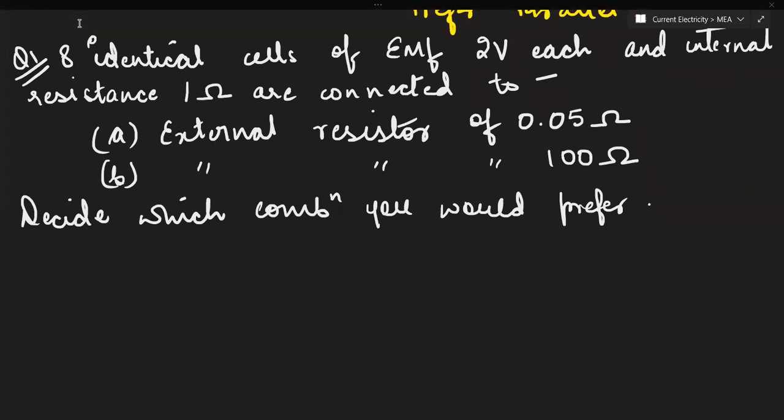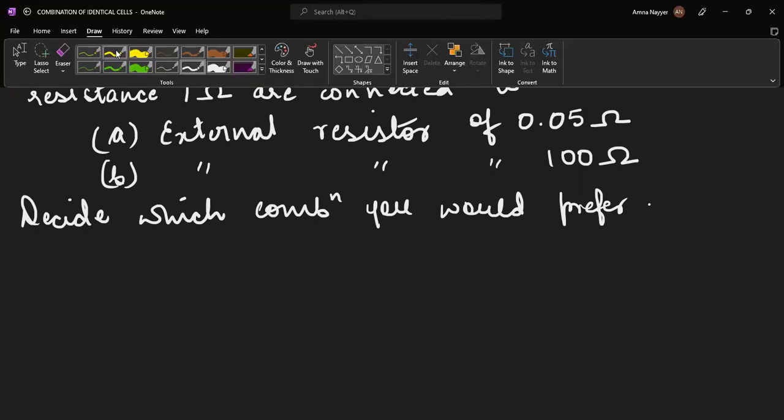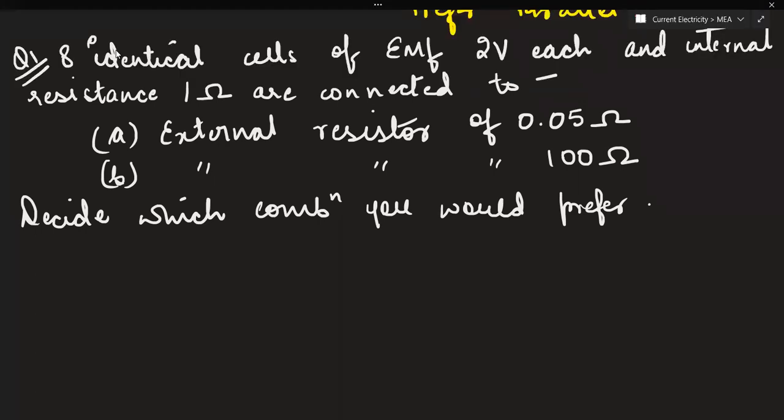Good, Samira. Correct. See, the external resistor is 0.05 ohms for the A part.